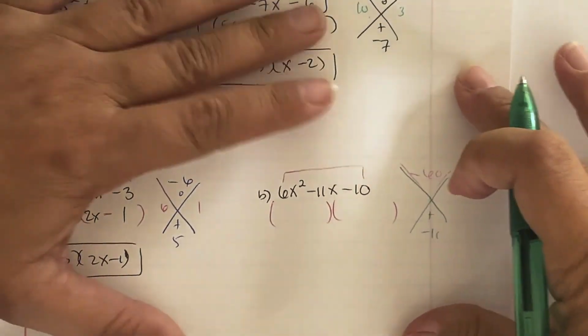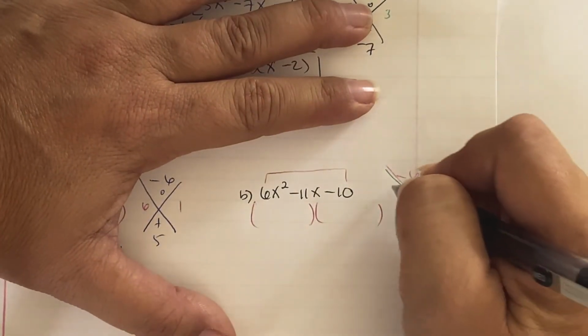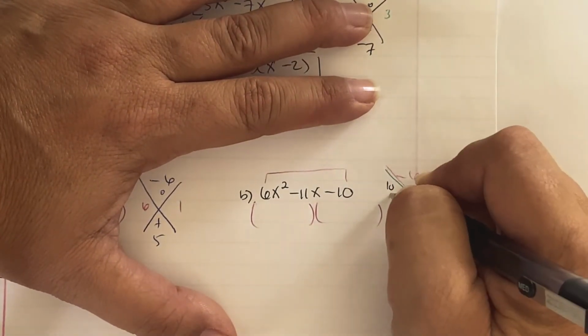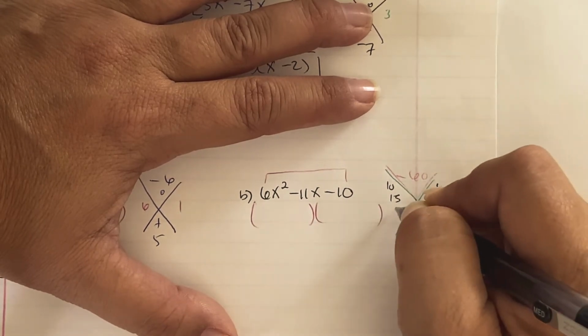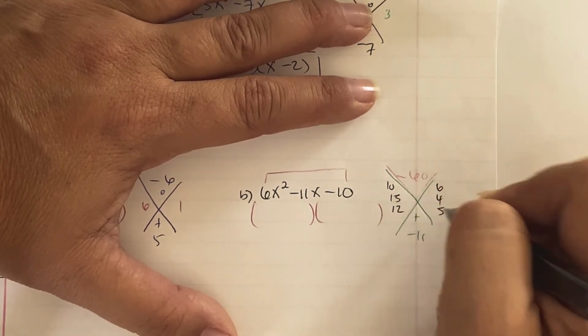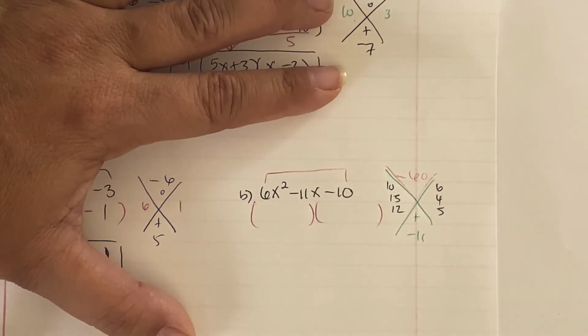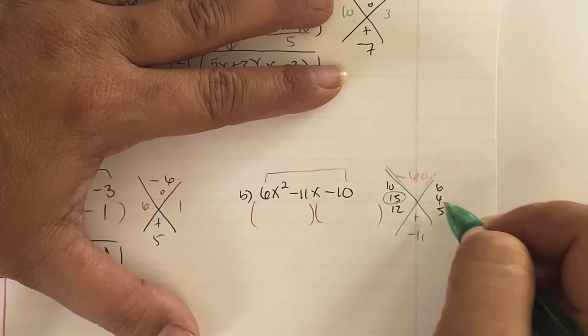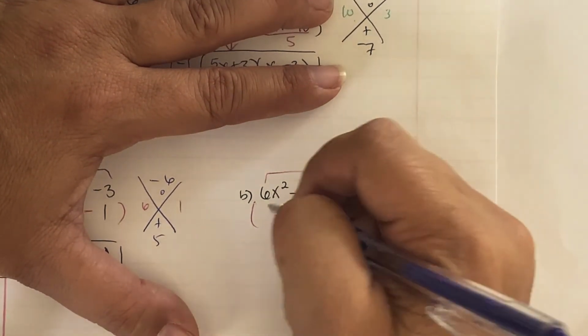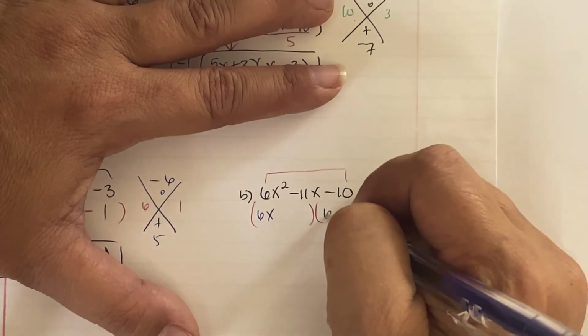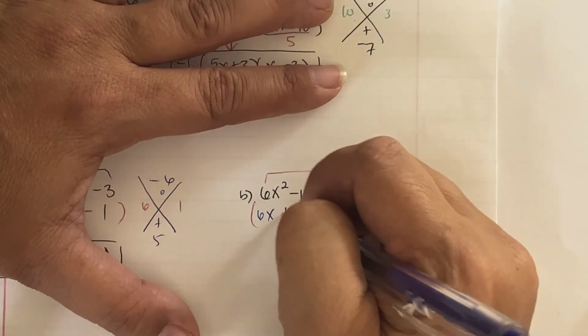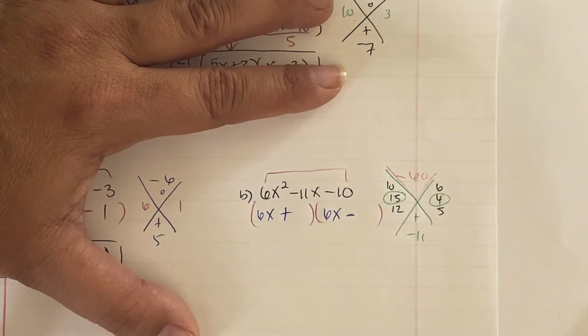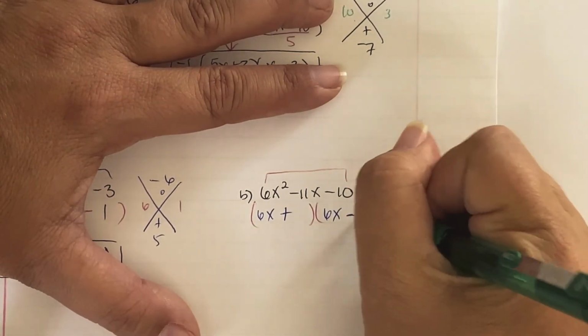So we have 10 and 6, 15 and 4, 12 and 5. To get 11, it can be 15 and 4. So we are 6x, 6x. We have to be a plus minus situation. To get negative 11, the 15 is the negative, the 4 is the positive.